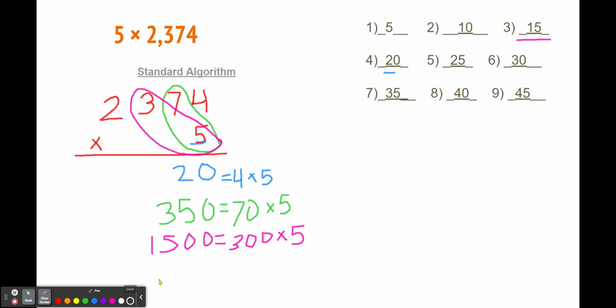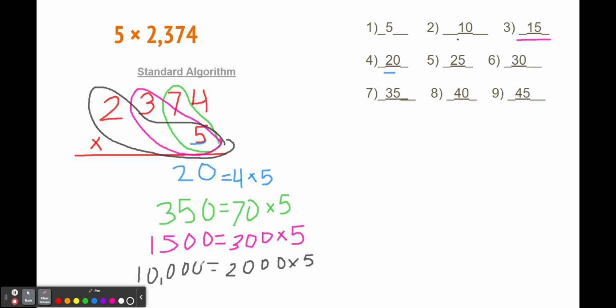And then last but not least, we're going to go ahead and multiply 5 times 2,000. So 2,000 times 5 gives me 10,000. Or if I write that in standard form, that is 10,000.